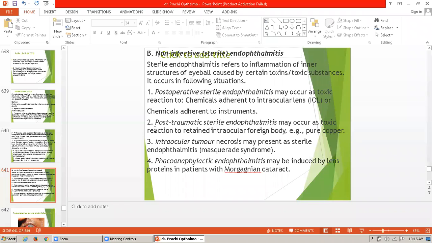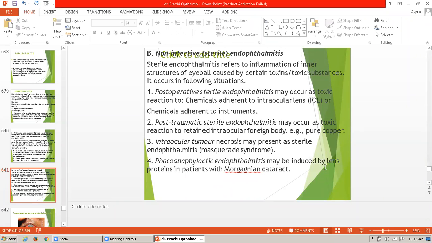Then third one is intraocular tumor. That is, necrosis may present as a sterile endophthalmitis. It is masquerade syndrome. Fourth one is phacoanaphylactic endophthalmitis.